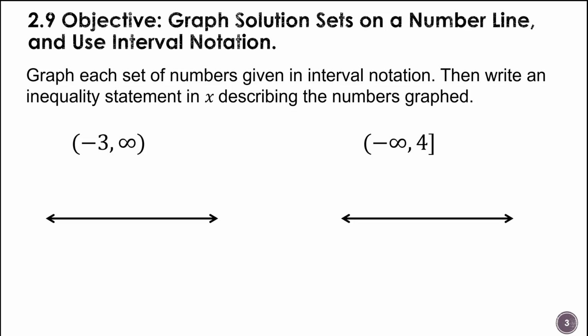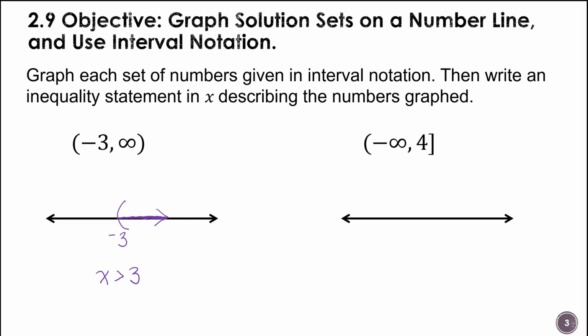So to graph this, because it's saying it's going to infinity, this means that we are going to put our parenthesis. Notice it kind of matches this on the -3. We put a -3 here, and then you want to draw the line just so that you can see which direction you're going. So make sure that you actually put something there. And then that is that interval notation graphed. And here's what it means as an inequality. X is greater than 3.